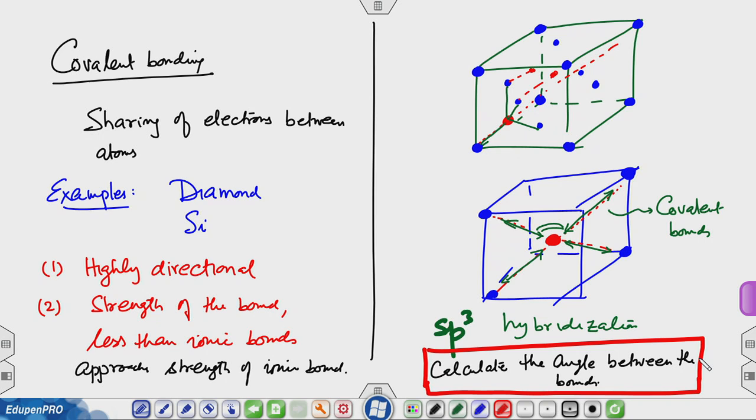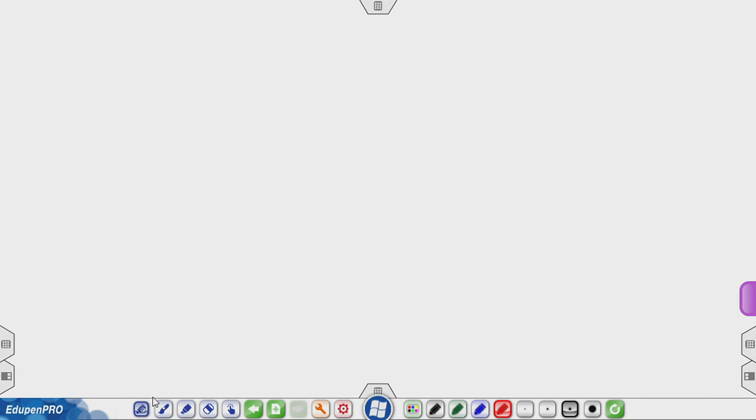So, there is a lot of empty space in this. Nonetheless, the bonds are very strong. So, this is a brief description of covalent bonding: directional, very strong, approaching as strong as ionic bonds, right.